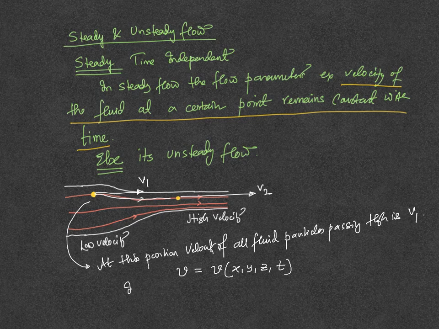In steady flow, what happens? V is a function of x, y, z only. It's not a function of time, right? V means velocity of a fluid particle.